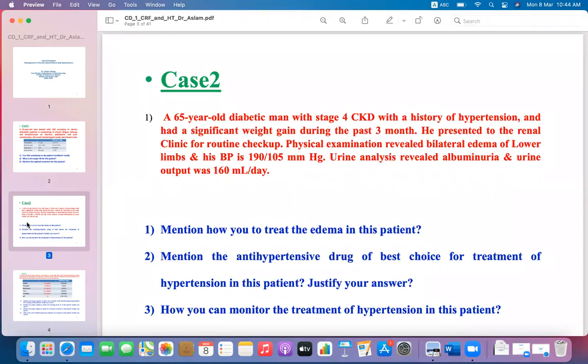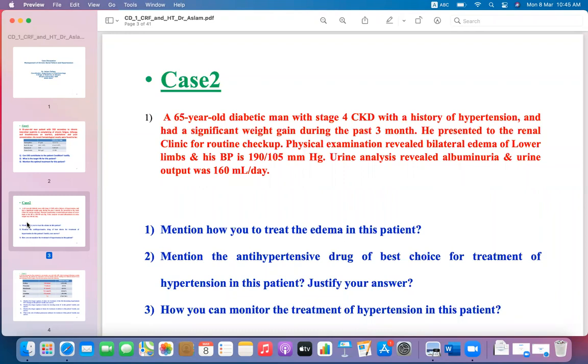A 65-year-old diabetic man with stage 4 chronic kidney disease, with a history of hypertension, had significant weight gain during the past 3 months. He presented to the renal clinic for a routine checkup.